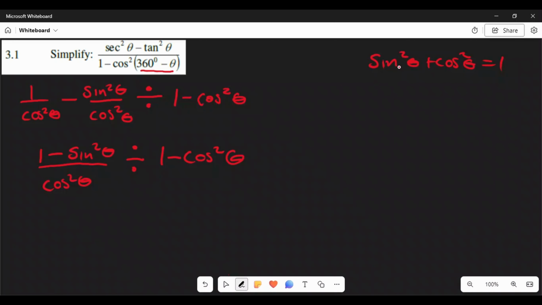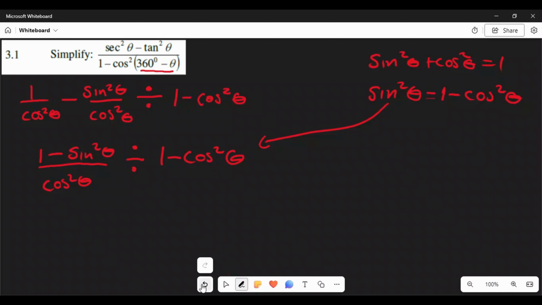If you make sine the subject of the formula and transpose cos to this side, you will have sine squared theta equals 1 minus cos squared theta. Whenever we see 1 minus cos squared theta, we can substitute with sine squared theta.